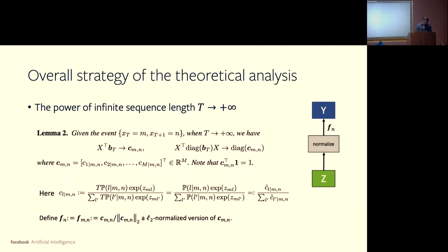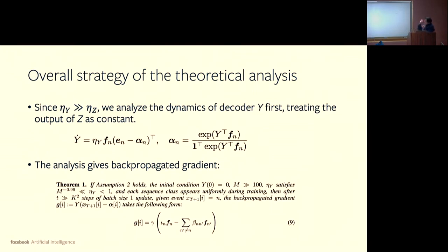That's the first step. The second step: because we assume that the learning rate of Y, which is the decoder, is much, much faster than the learning rate of Z, which is the self-attention matrix, you can treat the self-attention matrix as a constant when analyzing the dynamics of the decoder.